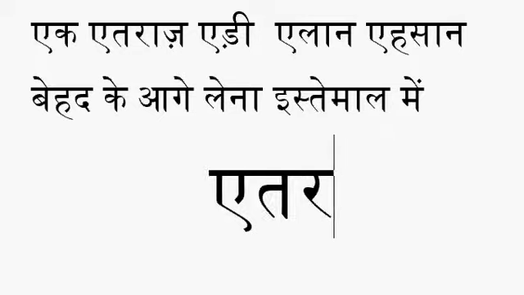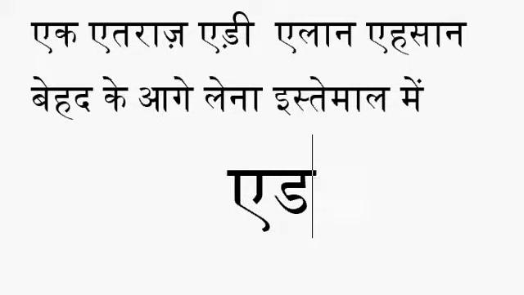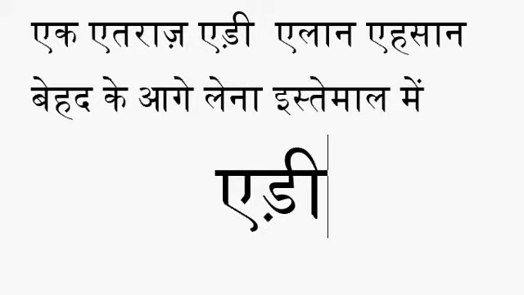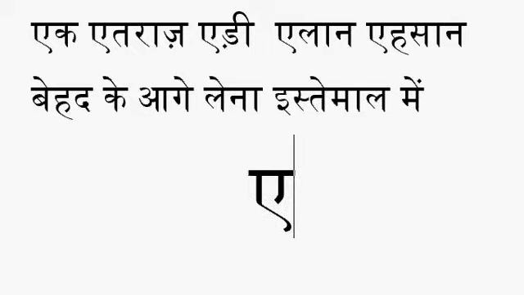Anyway, next word: A, Ra, add a long E with a diacritic. Eri. What is Eri? Look at Genesis 3:15. Look that up in Hindi, and I'll leave it as homework for you to find out what Eri means. We go on to the next word after you write it a couple of times.